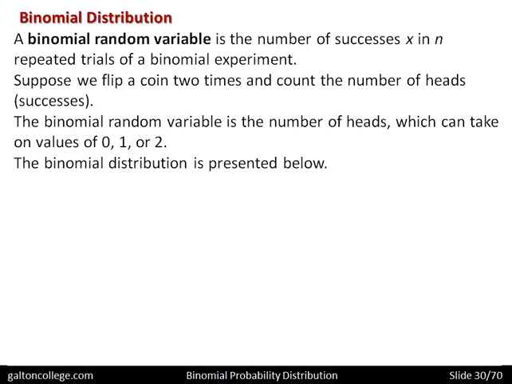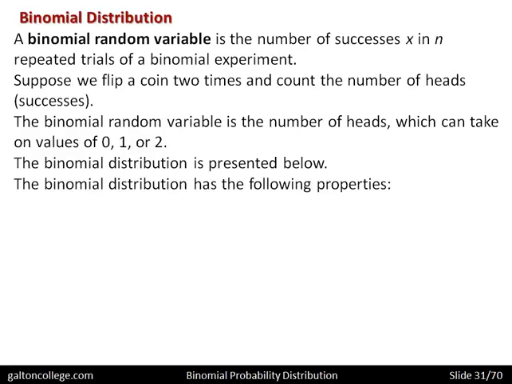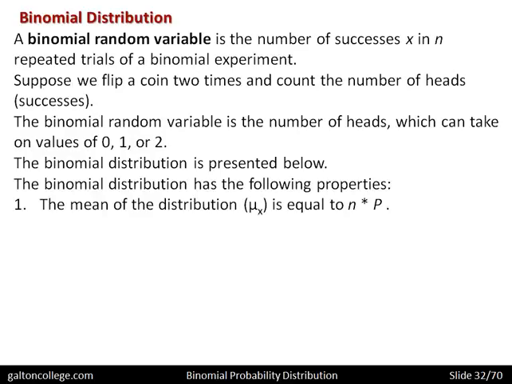And the binomial distribution has the following properties. The mean of the distribution, mu. We always use mu for the mean, the average of the population. Mu x is equal to n times p. The n is the number of times the experiment is performed, and p is the probability of success.